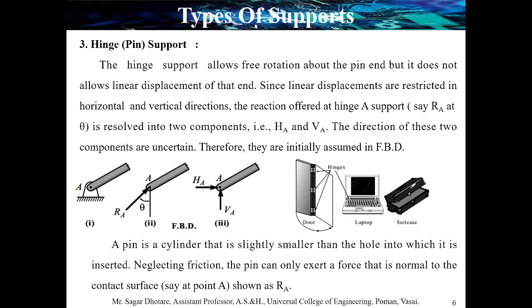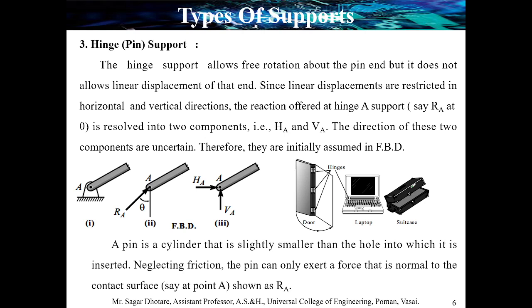So there is only one normal reaction considered, at the contact surface shown. Other examples are the door, the laptop, and the suitcase. These are suitable examples to understand the basic concept of hinge support.